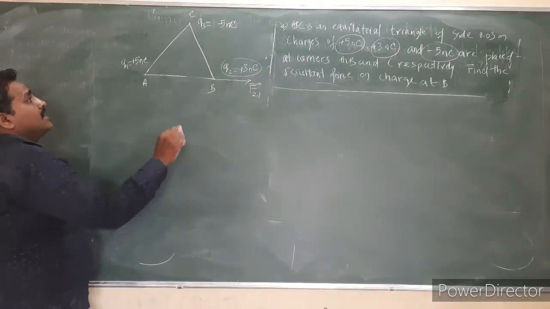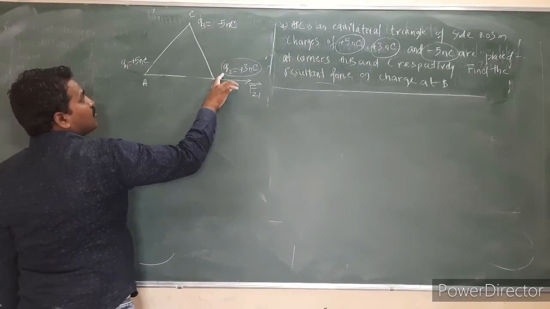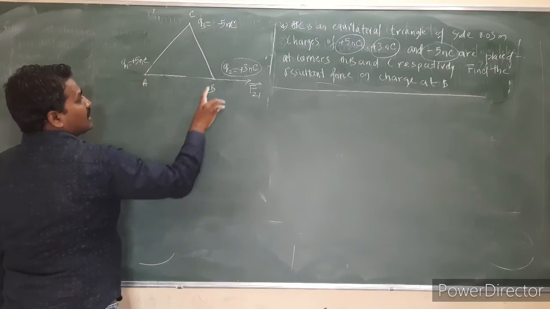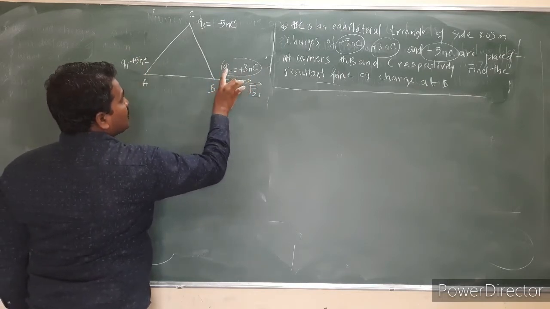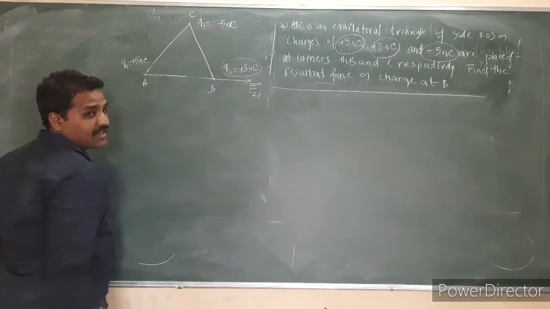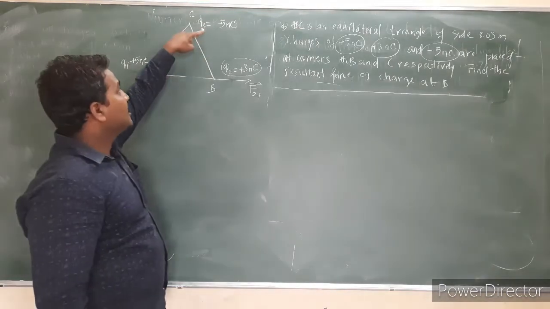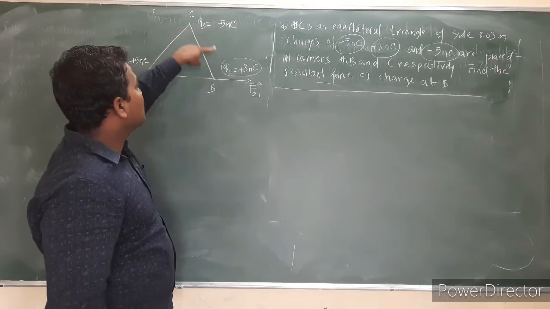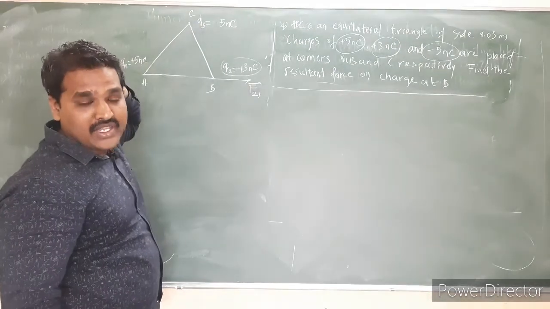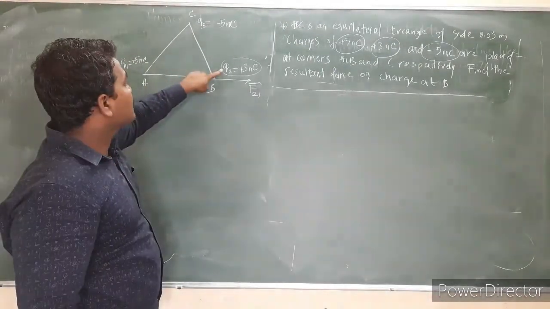Then let us consider the pair of charges Q2 and Q3. You can clearly observe Q2 is positively charged and Q3 is negatively charged. Hence, there will be an attractive force between Q2 and Q3. So in what direction does charge Q2 move?